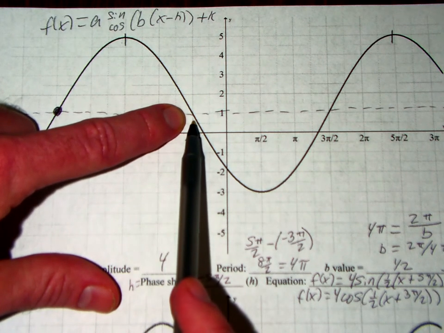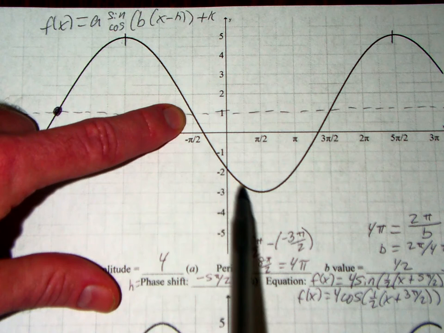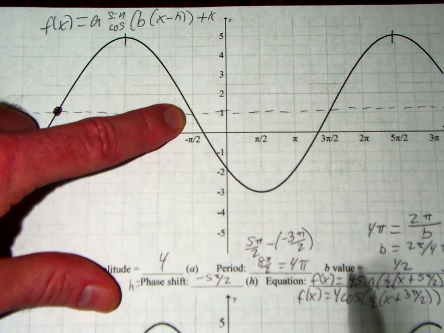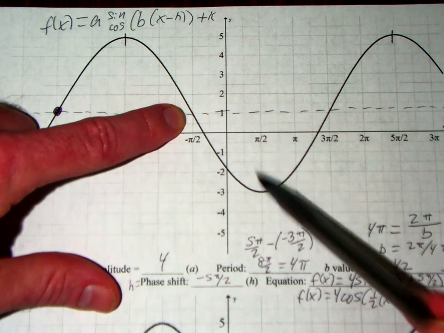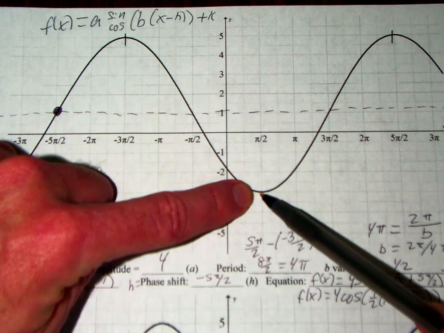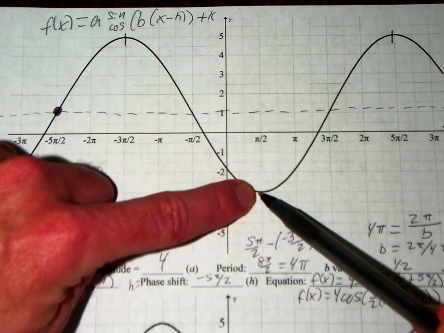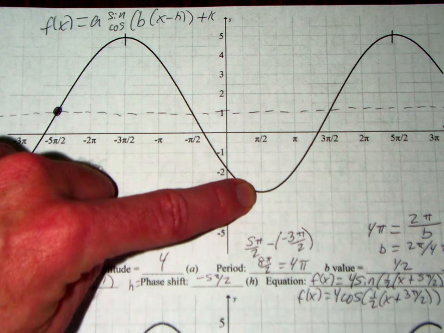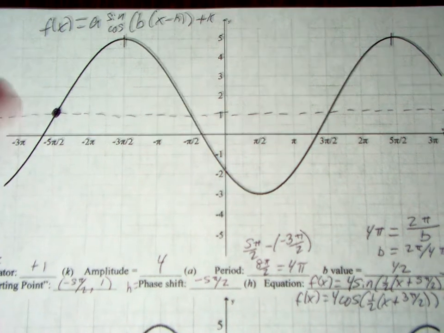But now, since it goes down, I would have used negative 4 in front. Or, one more, if I had started here at positive pi over 2, it's at a minimum value, so I could have used cosine with also a negative 4 since it starts at a minimum.